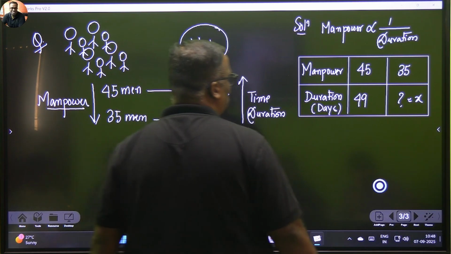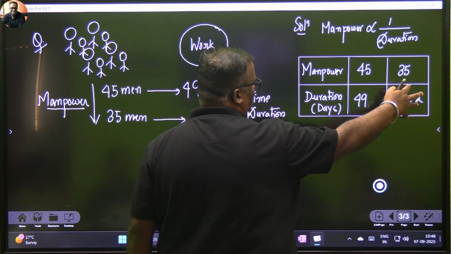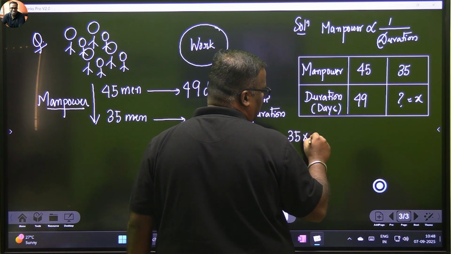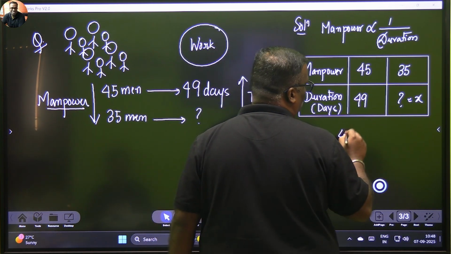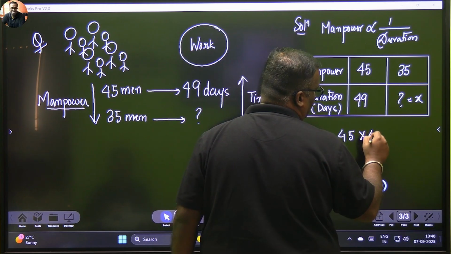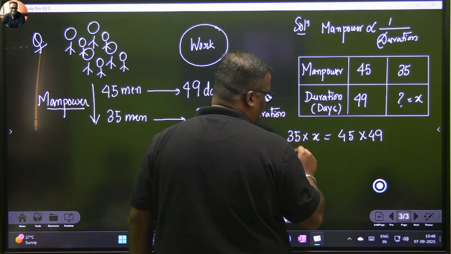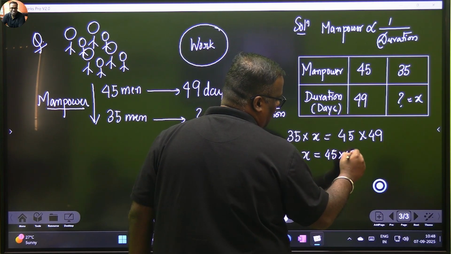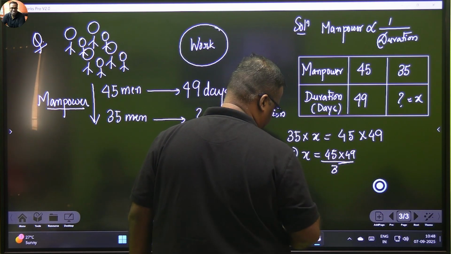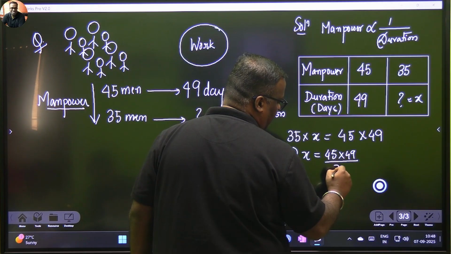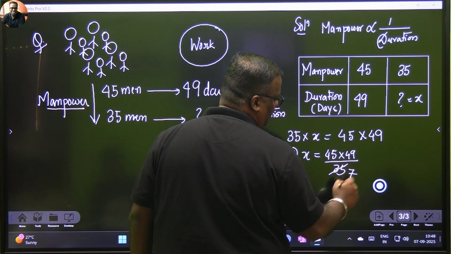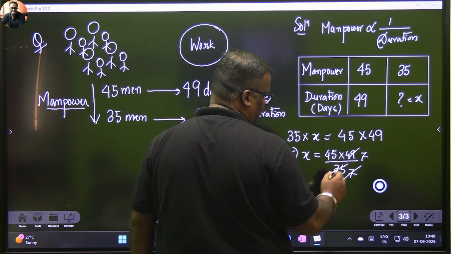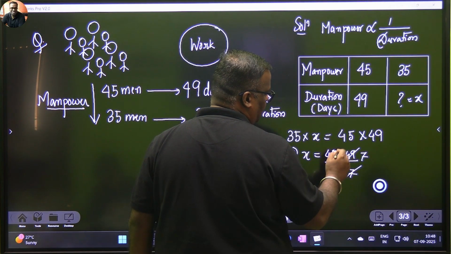So since they are inversely proportional, we will now always write the X side on the left. 35 multiplied by X should be equal to 45 multiplied by 49. 45 into 49 divided by 35. 5 7s are 35, 7 7s are 49, and then 5 7s are 35, 5 9s are 45.